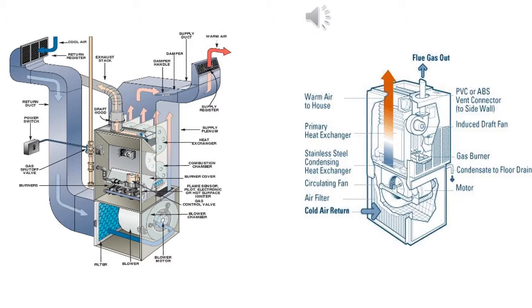On a condensing furnace, the picture on the right, you will find two heat exchangers. On condensing furnaces, you will also find a means of disposing of the condensate that is formed. All furnaces today, whether they are non-condensing or condensing, also have a draft inducer fan. The draft inducer fan is to help pull the combustion gases through the heat exchangers.